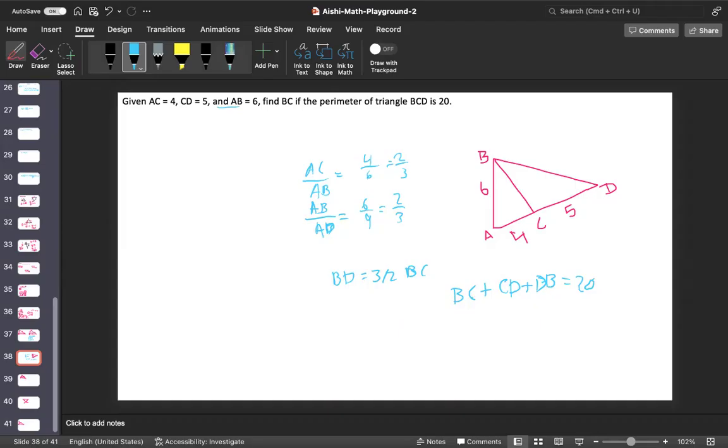We can say that BC plus CD plus 3 BC by 2 is equal to 20, which gives us that BC is equal to 6. Let's just check to make sure. So we have 6 plus, we know that CD is 5, plus 3 BC by 2 would be 9. So 6 plus 5 plus 9 is 20.